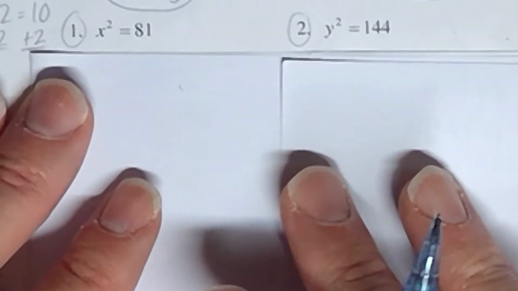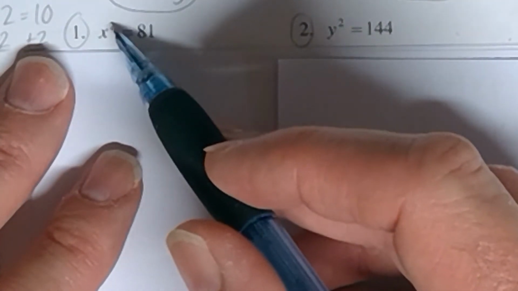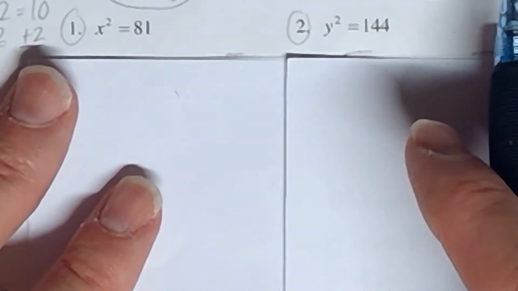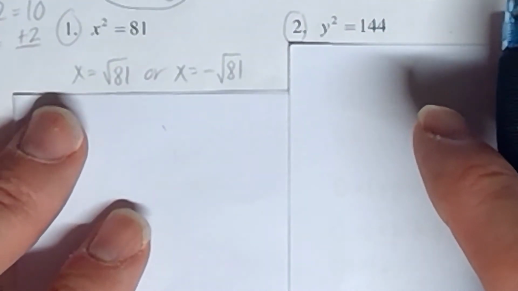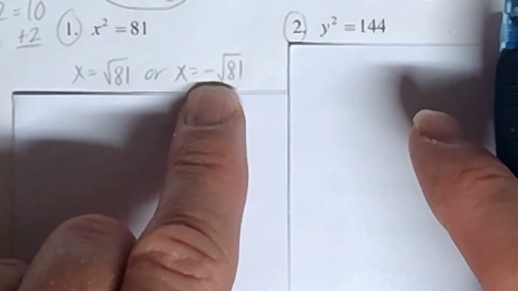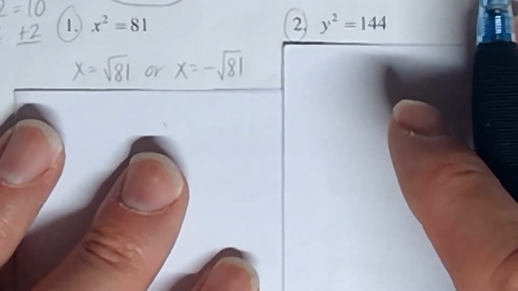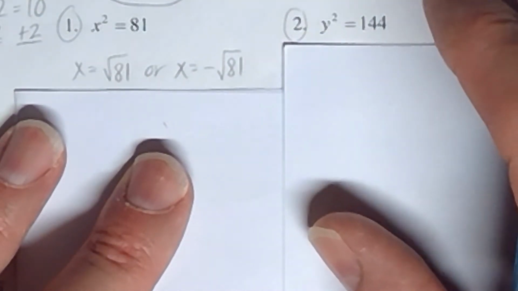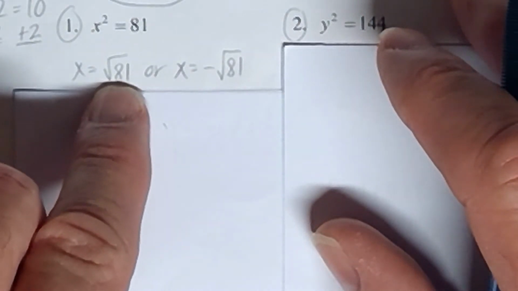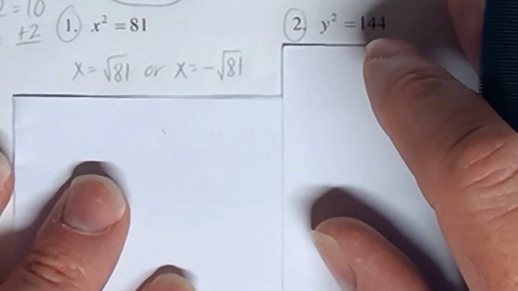All right, let's take a look at number 1 here. We've got the variable squared by itself, and no variable on the other side, so we can jump right into that double square root thing that we've been doing all along in this section. Write down the 2 square roots, a negative in front of the second one. The x is now by itself. But we still have 2 more things to do. We simplify the radical, and if the radical has a perfect square number underneath it, like 81 is, then you just figure out what it's equal to.